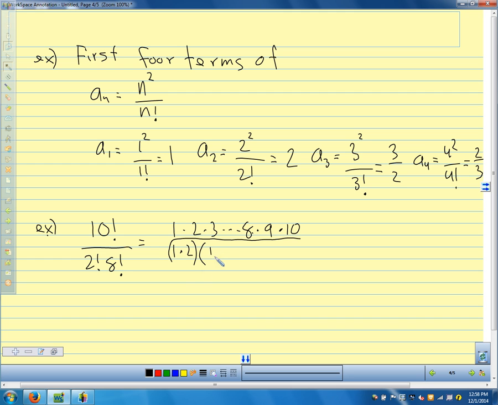And 8 factorial is 1 times 2 times all the way up to 8. What can we do with this 1 times 2 times up to 8 on the numerator and the denominator? Cancel them out. We're multiplying, so we can cancel those out. I can take this 2 and divide it into this 10, turn that into a 5, and that's 9 times 5 equals 45.